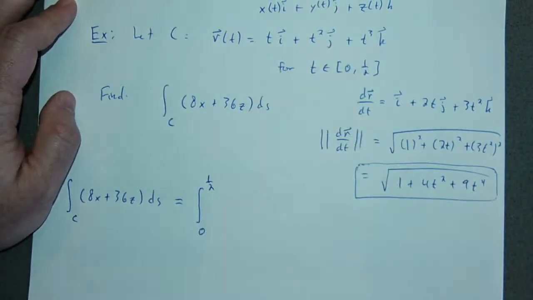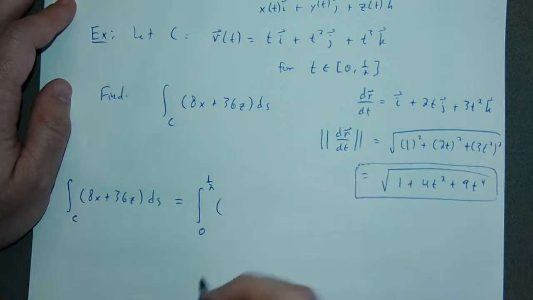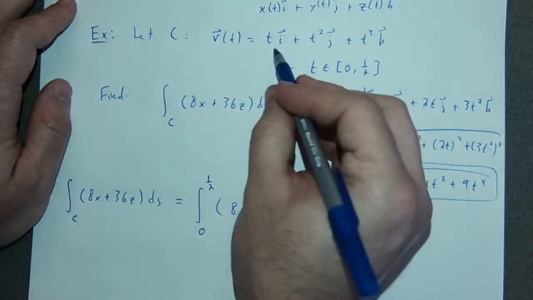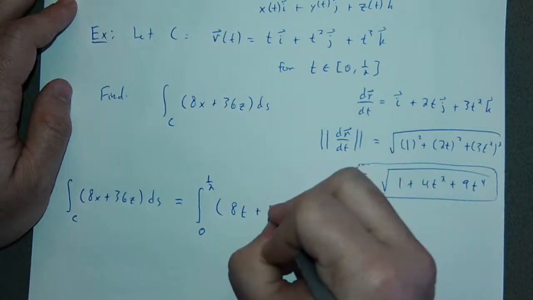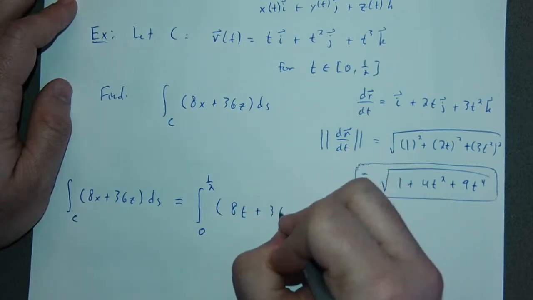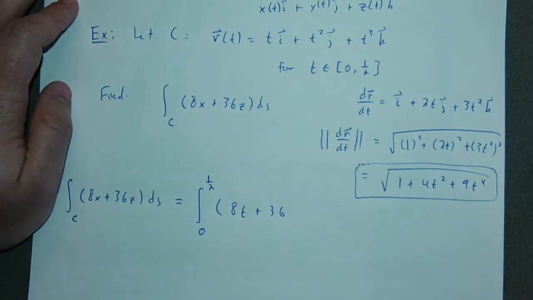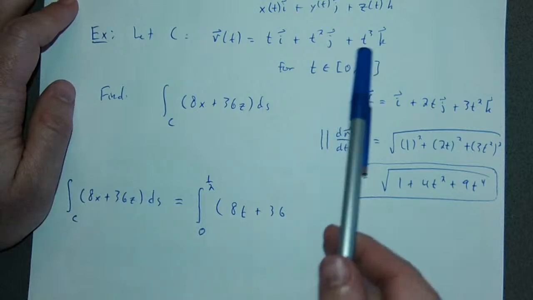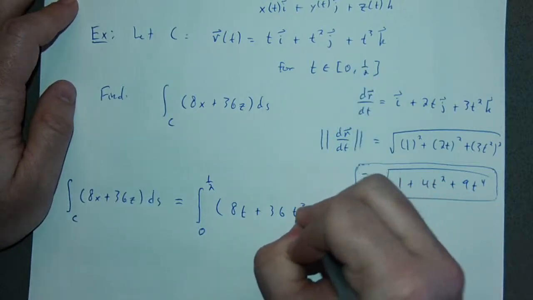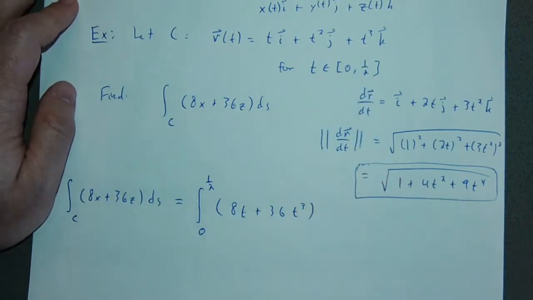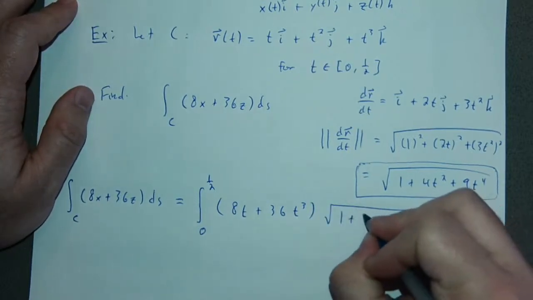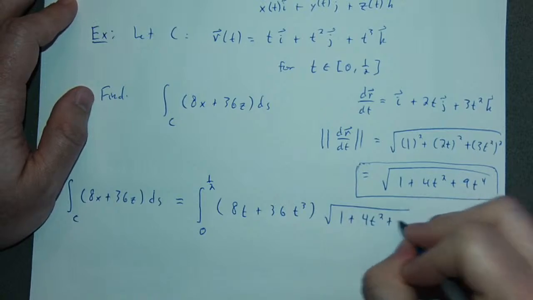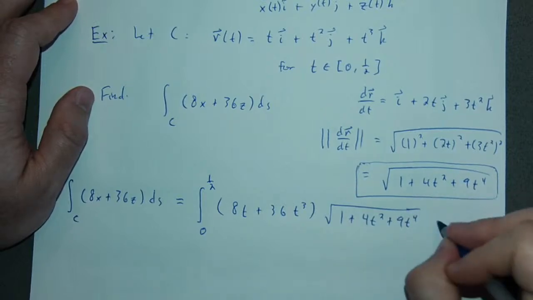These are my component functions as usual. This is 8t plus 36 times z here, which is what? This is 36 times t cubed. Okay, times the square root of 1 plus 4t squared plus 9t to the fourth dt.